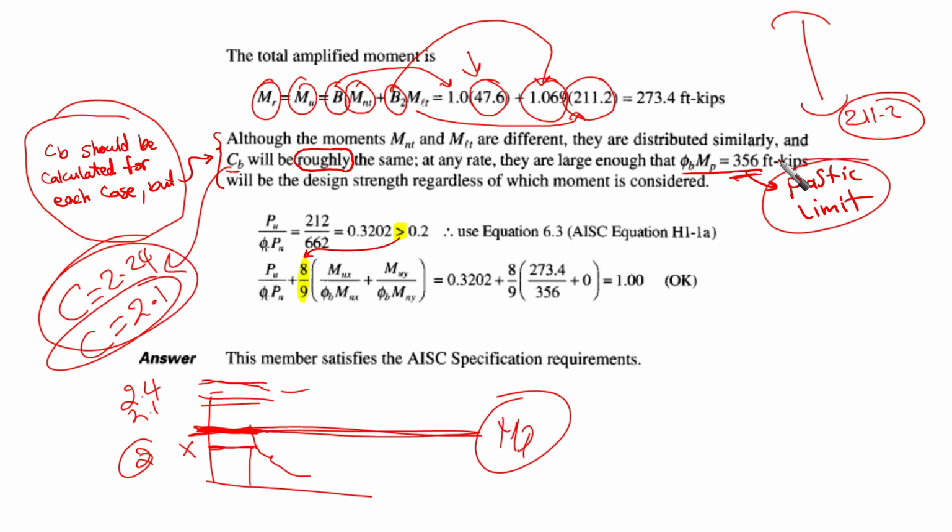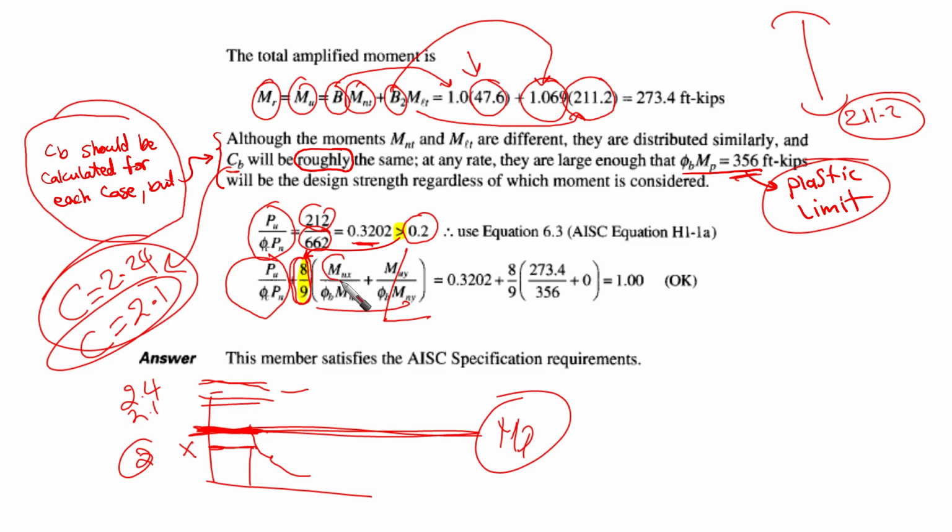After that, which equation do we need to use? In this case, it is P ultimate over phi C Pn. When we calculate it from the inputs that we have calculated before, it is 0.32, larger than 0.2. This means that we are going to the case where the axial force is dominant, so no reduction for the axial force, but there is slight reduction for moment. Remember that we don't have anything on the biaxial moment or another moment.